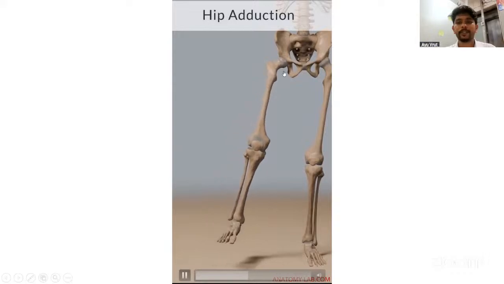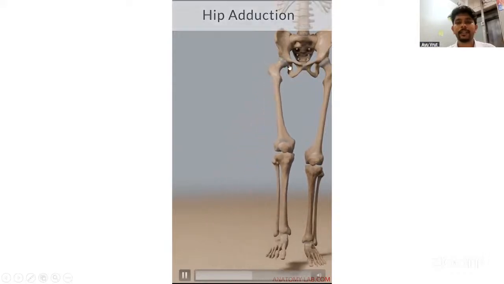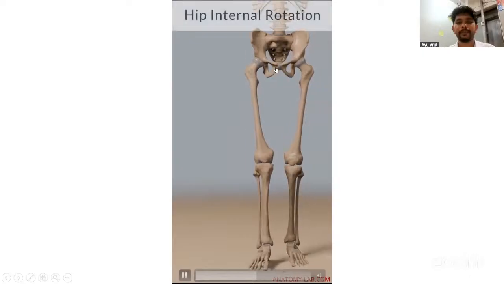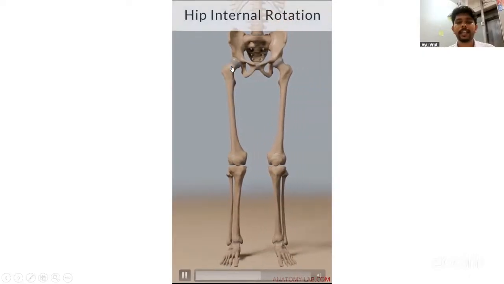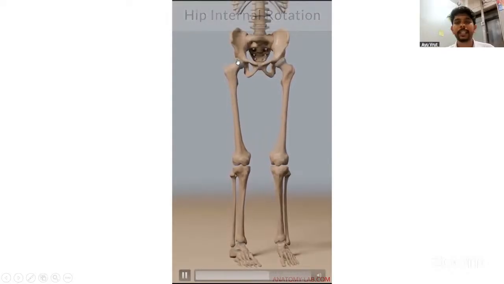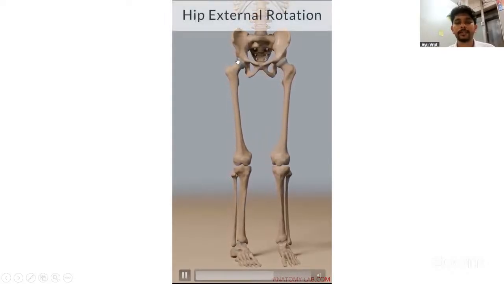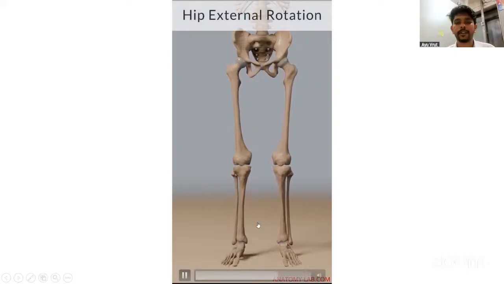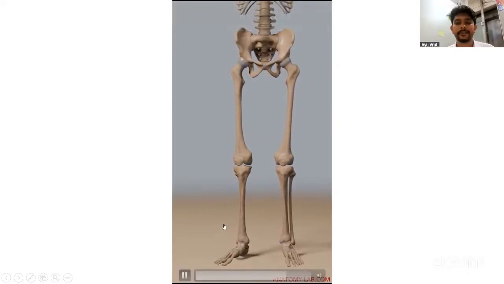Can you appreciate this hip joint getting moved? Whenever you examine a patient to move their legs, their hip joint is always involved. So it needs to be taken care of very, very much. You can't ignore the hip joint at all. See, यहाँ पे the leg has been externally rotated.